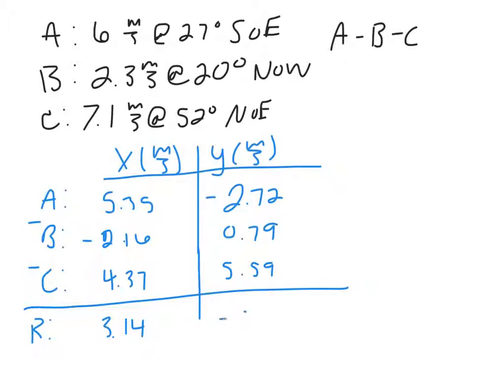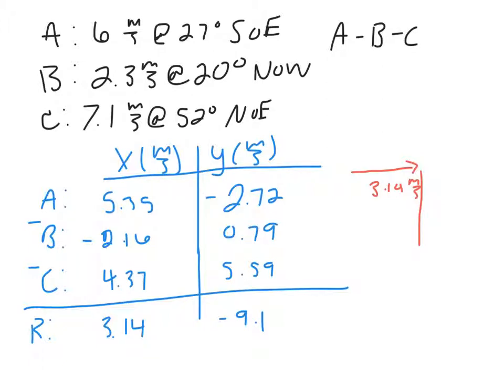This gives me negative 9.1 meters per second. So for my resultant, drawing my triangle, I have a positive x component. This is 3.14 meters per second, and a negative y component.